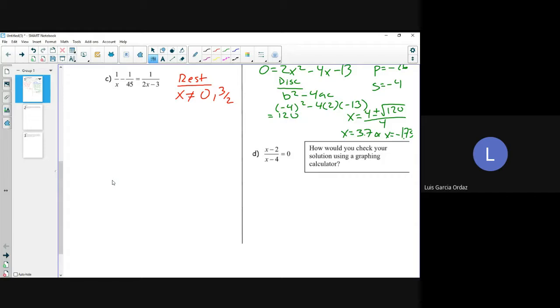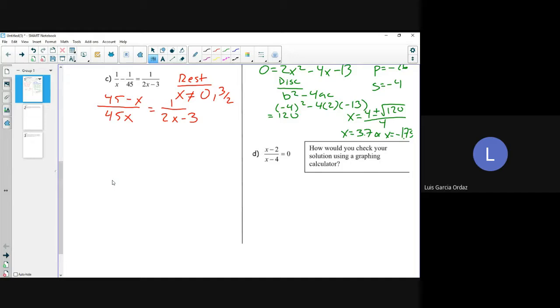So the denominator is going to be 45 times x. What is missing from 1 that we have to multiply it by? 45. So you get 45 minus x over 45x is equal to 1 over 2x minus 3.